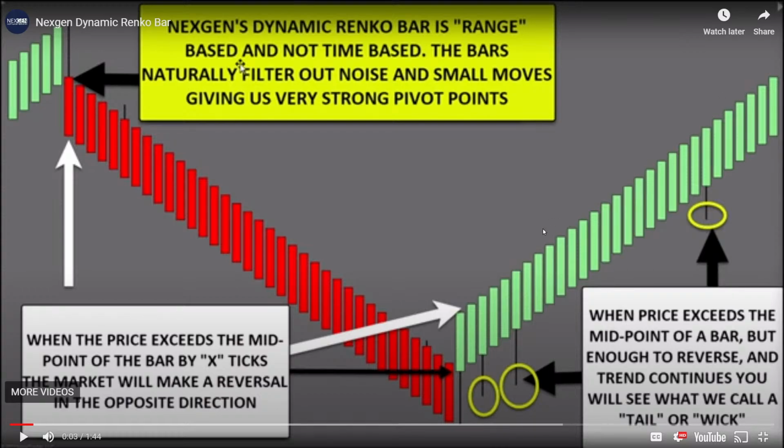And every bar body is always going to be 13 ticks. And before you can make a down bar, you have to have 13 down and then another 13 down. So it's basically double the number of ticks to go the other way. Does that make sense? So it's still range based, but it's double the bar size range.